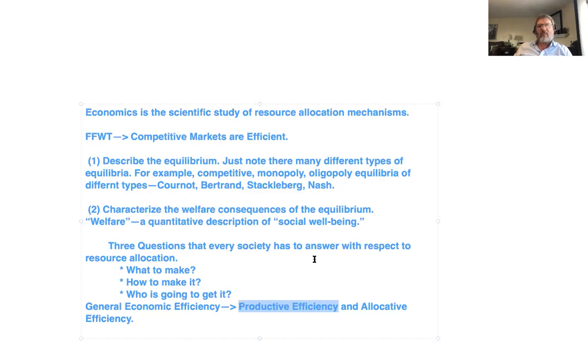And you could think a lot about whether or not that's a good rule or a bad rule. This is probably the most controversial aspect of what our discipline does, because we simply measure the value of a product or a service to an individual based on their willingness to pay for that product or service.